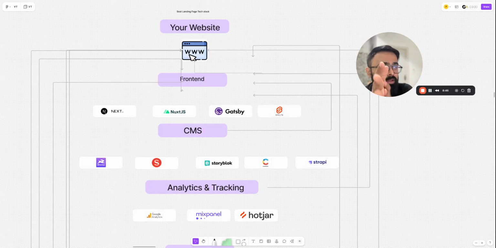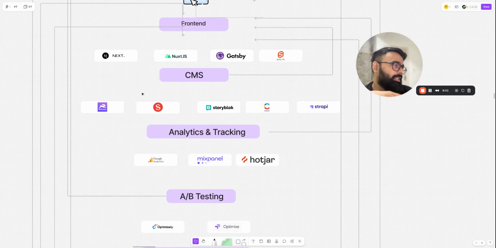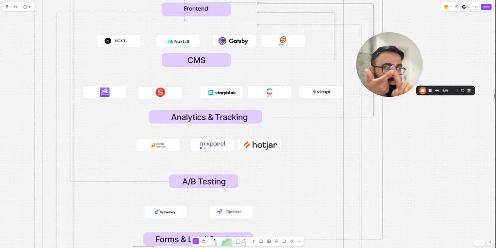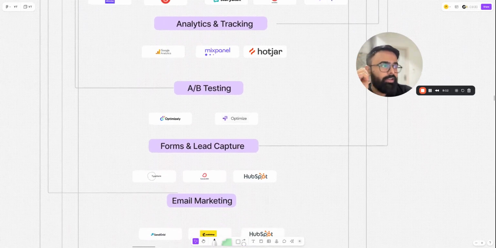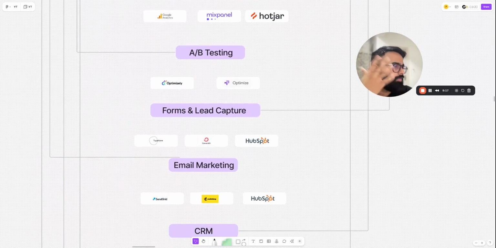We love working with these headless CMSs, but my top choices would still be Sanity, Contentful, Directus, Strapi. We work predominantly with these. For analytics, Mixpanel, Google Analytics, Hotjar. For A/B testing, Optimizely. For forms, you could use Typeform, you could use HubSpot, a lot of them.